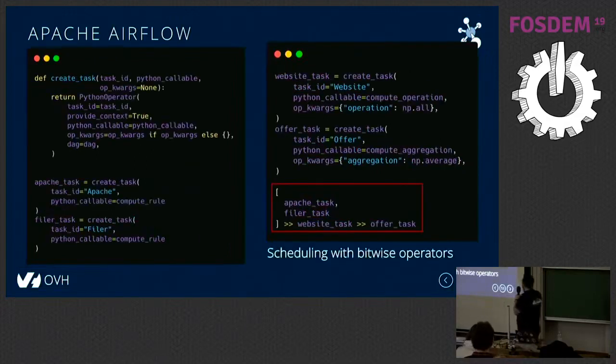Here, it's the interesting part of how to create a DAG using Airflow. Here, I create 4 tasks for my 4 labels: Apache, Filer, website, and offer. And over there, I create a Python operator.